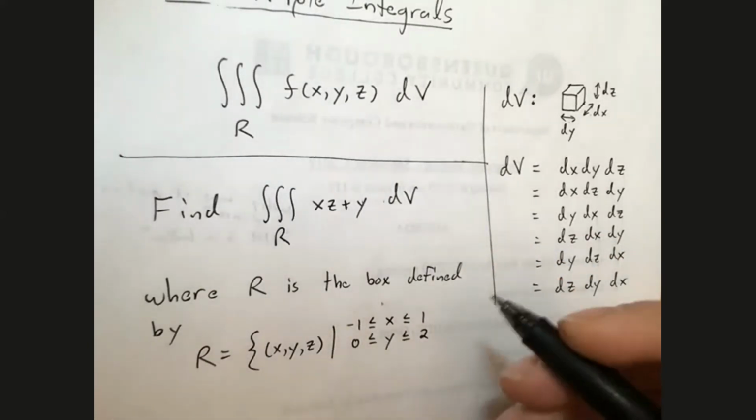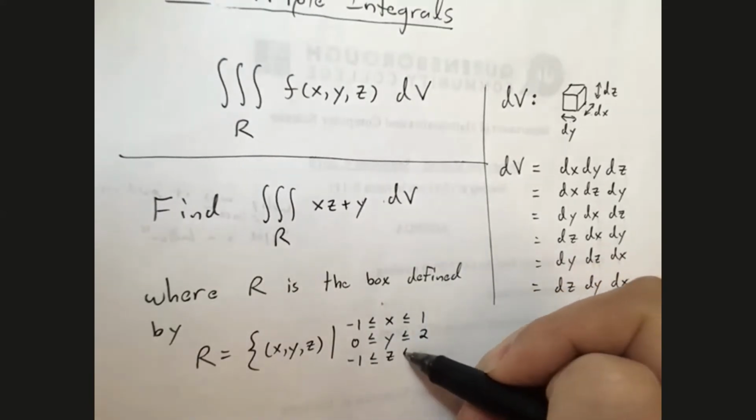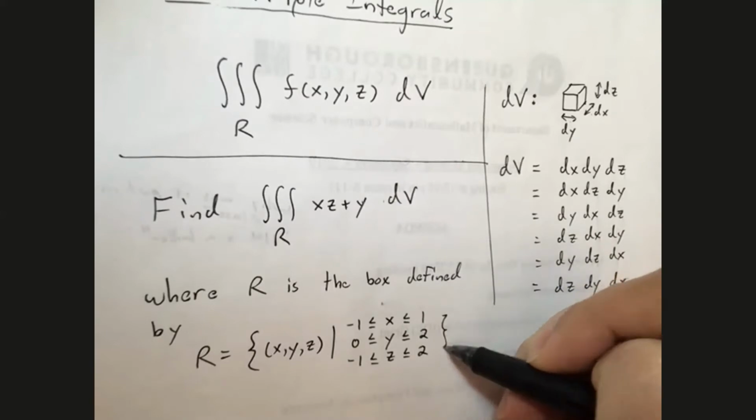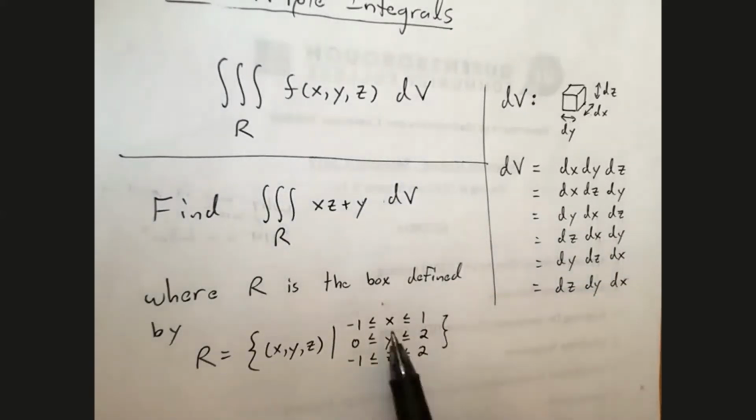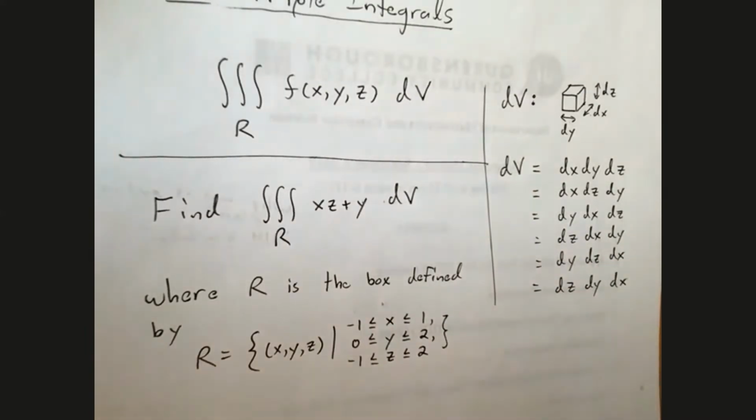And z is going to be between -1 and 2. Usually they'd write this in a list. They wouldn't stack these on top of each other. So you have a comma and these would be listed out. But just to save space, I'm just writing one on top of the other one. So I'll put commas here. All right, so that defines a box.